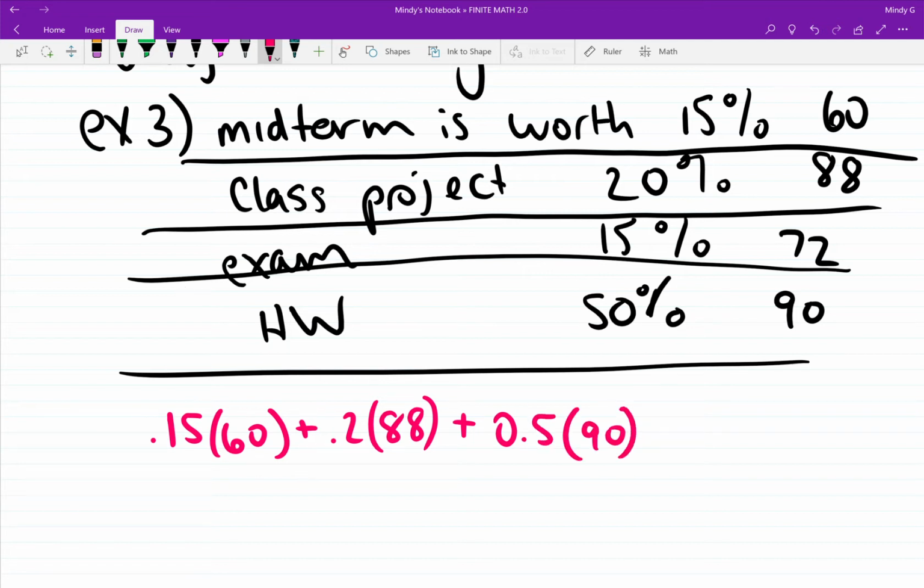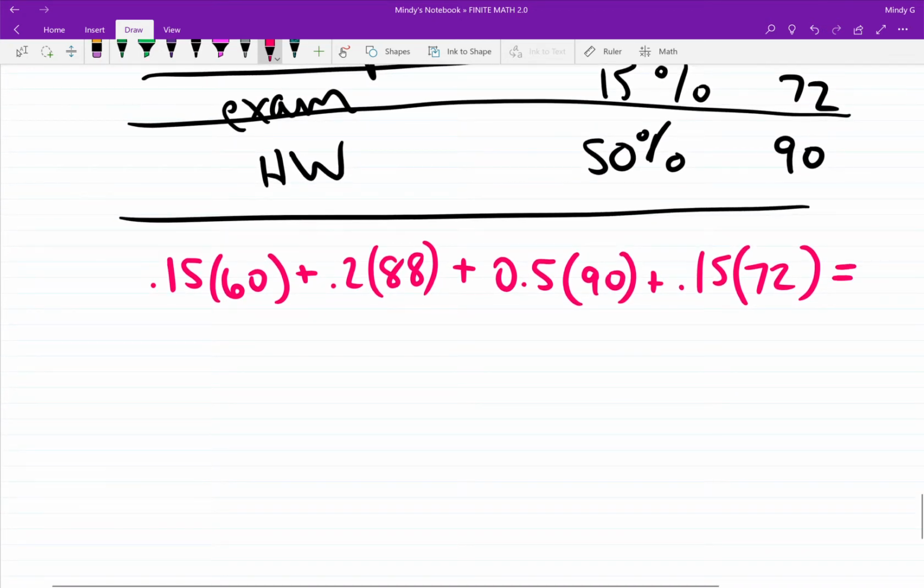So, here, 0.15 times 60, 82.4. So your class average is 82.3. Yes?